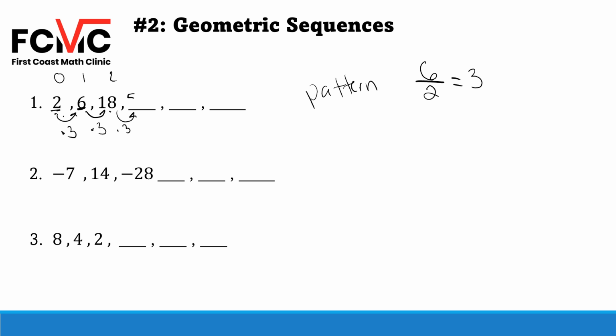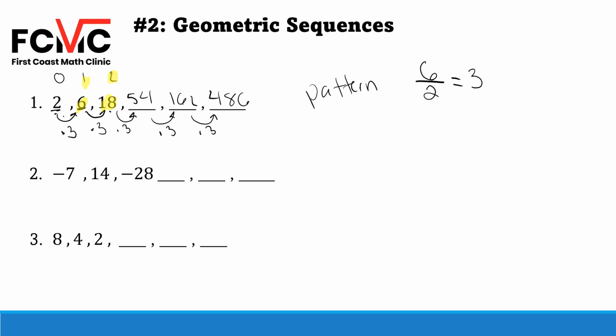Times 3 is 54, times 3 is 162, times 3 is 486. We could figure that out again by taking any value and dividing it by the previous value. In this case, we're taking our second term and dividing it by our first term.